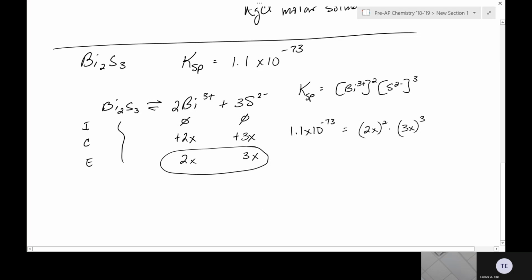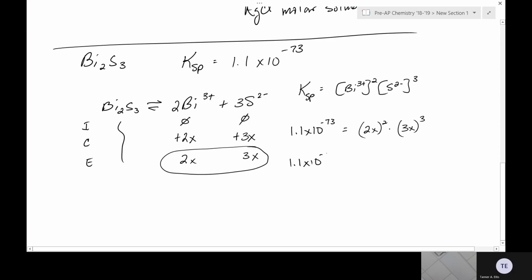But what I'm saying is this is actually 4x squared because we have to do the math. And then this is going to be what? 27x cubed because it's cubed. Everybody with me?